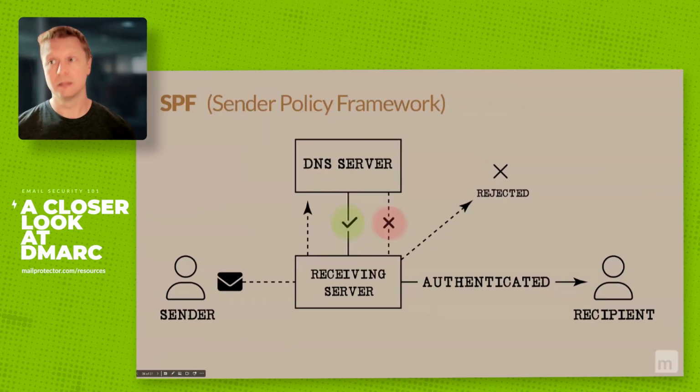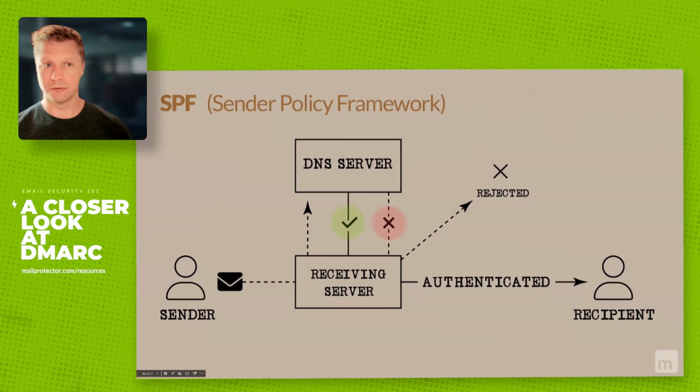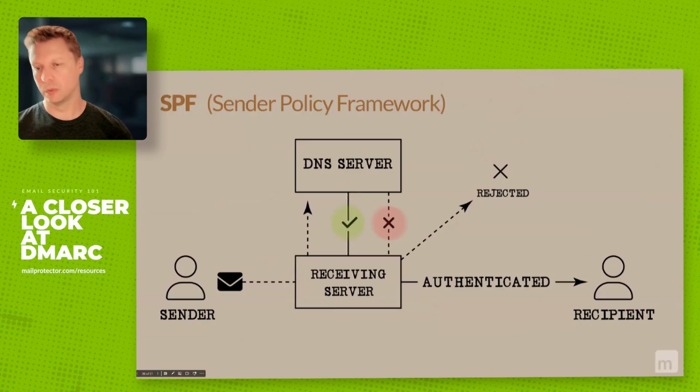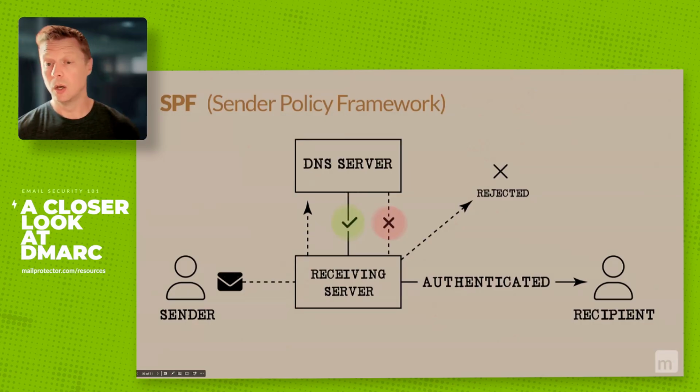If it's authenticated, then that message will go on to the recipient. If it fails SPF, then that message will be rejected. When I say rejected, it could be going to the junk email folder, it could be quarantined, or depending on how a receiving server is set up, it could even bounce the message.